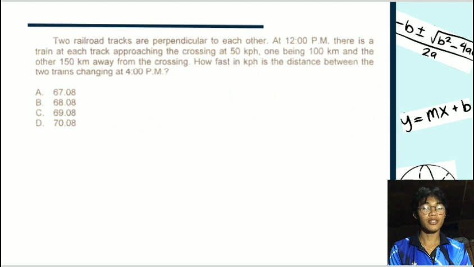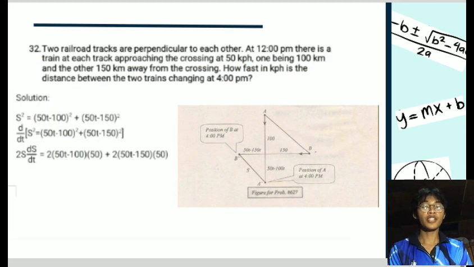Now we must find out. To solve for the answer, the first step is s squared is equal to 50t minus 100 squared plus 50t minus 150 squared. Now you must get the derivative of all the terms.